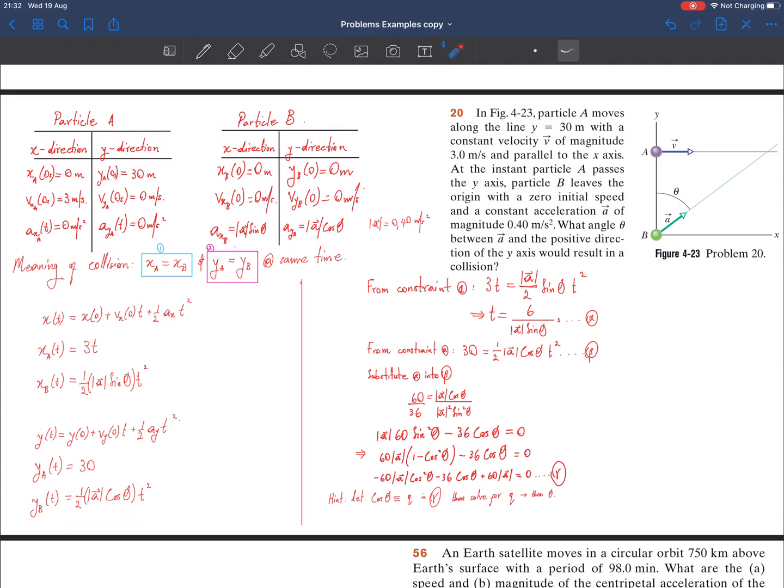Now it's time to impose our constraints. Constraint number 1 means this function is going to equal this function. And what do we learn from that? We learn that the time at which this will be true, that is where the x coordinates are going to coincide, is given by that. t is going to be 6 over acceleration times sine theta.